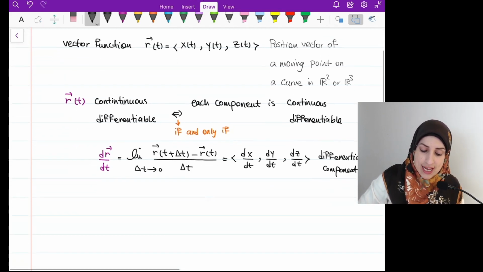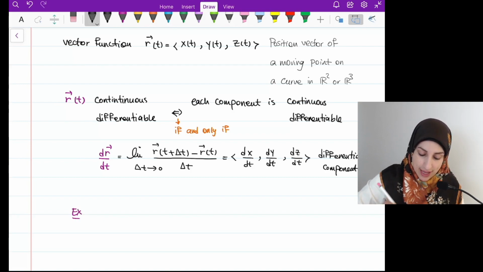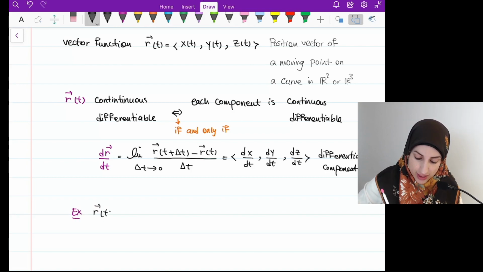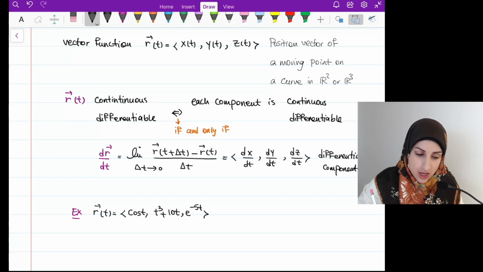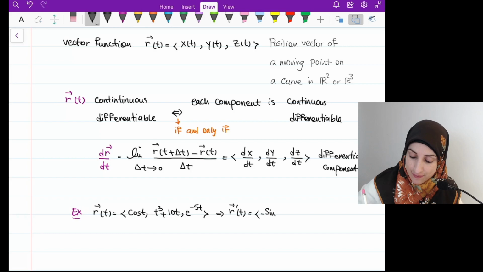Let me give you one quick example. Just assume that the function r of t is cosine t, t cubed plus 10t, and e to the negative 5t. What is the derivative of that? The derivative, as we said, is a vector function, and we just need to take the derivative of each of the components. The derivative of cosine t is negative sine t.